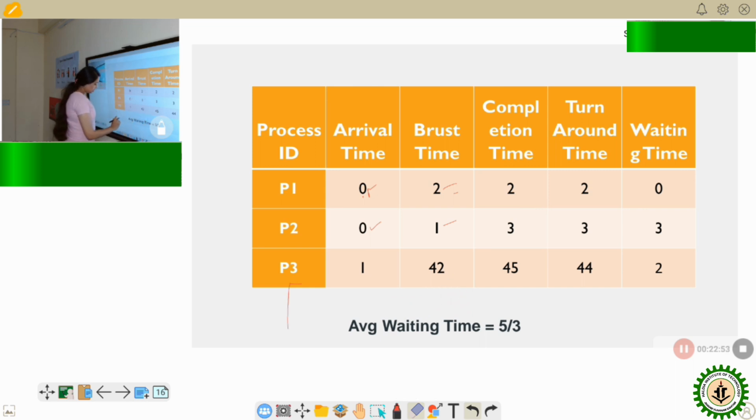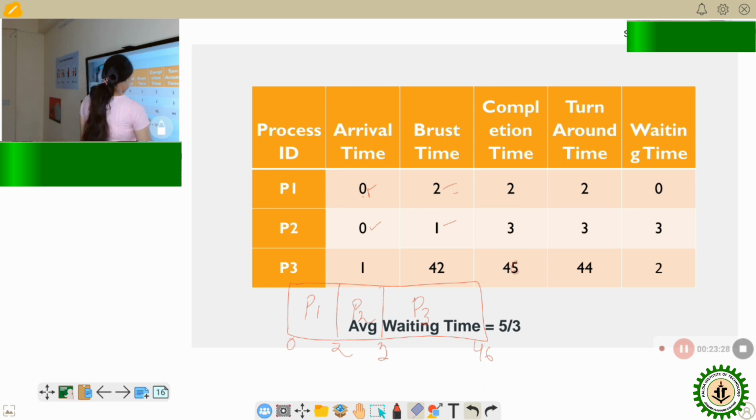if we draw a Gantt chart, then it has to be P1 first for 0 to 2 time, then the burst time of P2 will be 2 to 3, then the last, P3, for 4 to 6, so it will be 46 and 45.